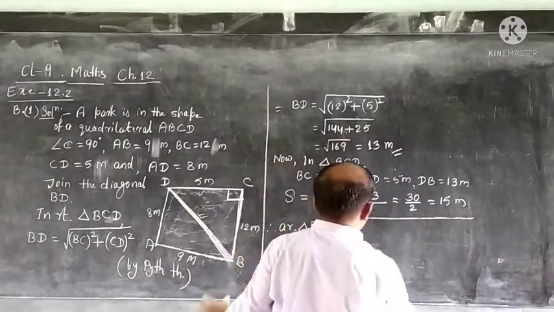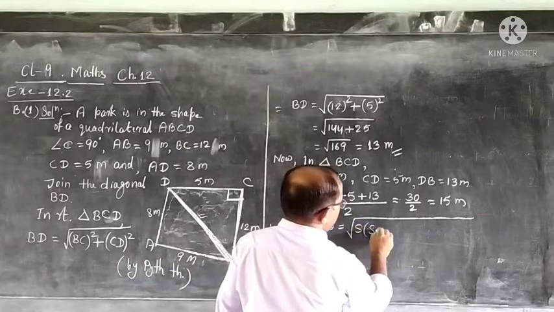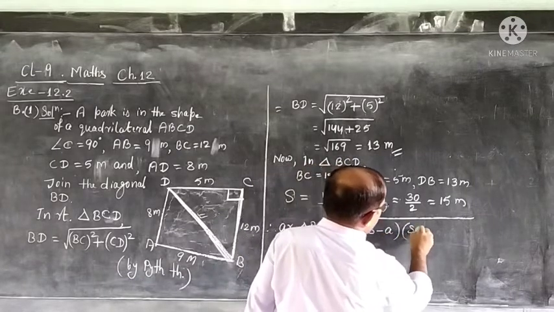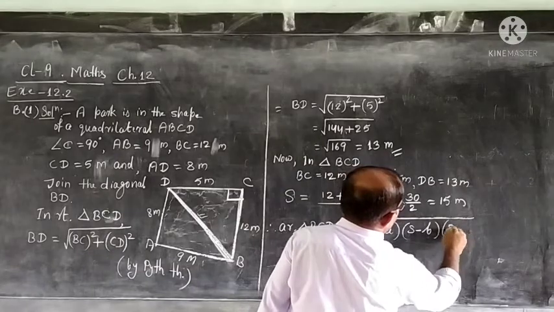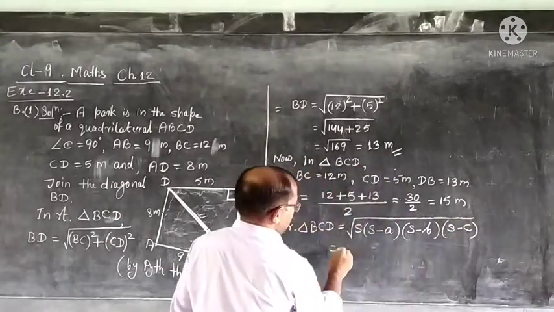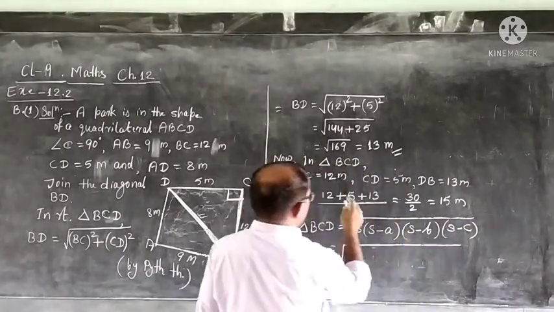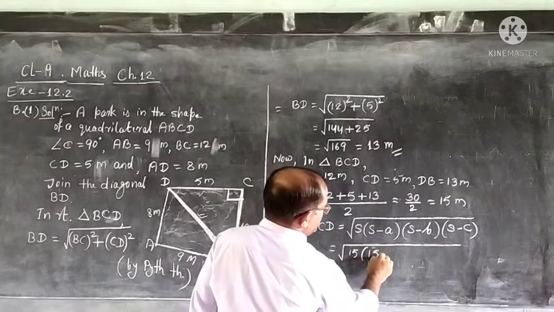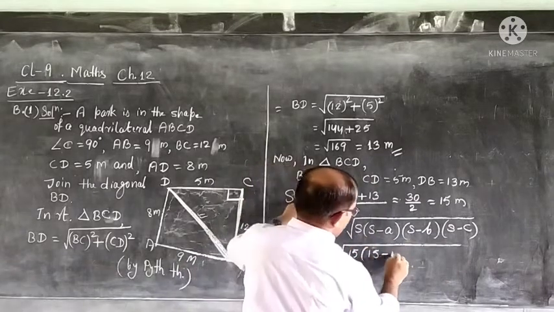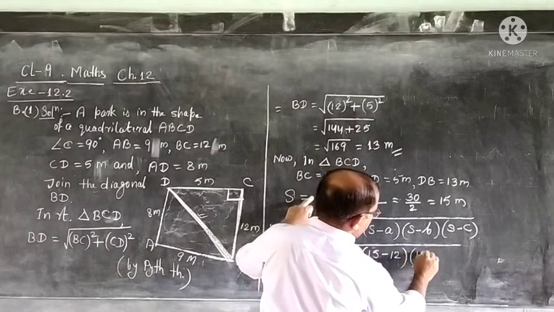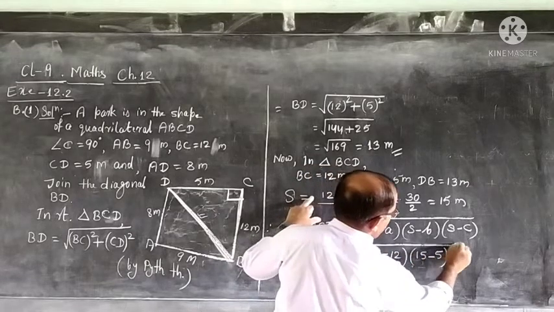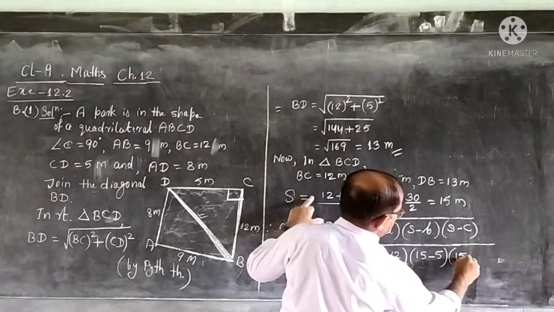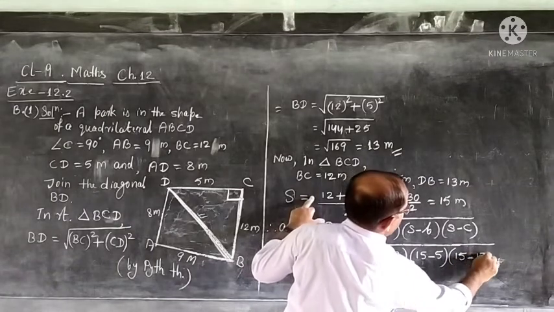First part is BCD. So, root of S into S minus A into S minus B into S minus C is the area of the triangle. We use this semi-perimeter 15 minus first side 12, 15 minus second side 5, and 15 minus third side 13.